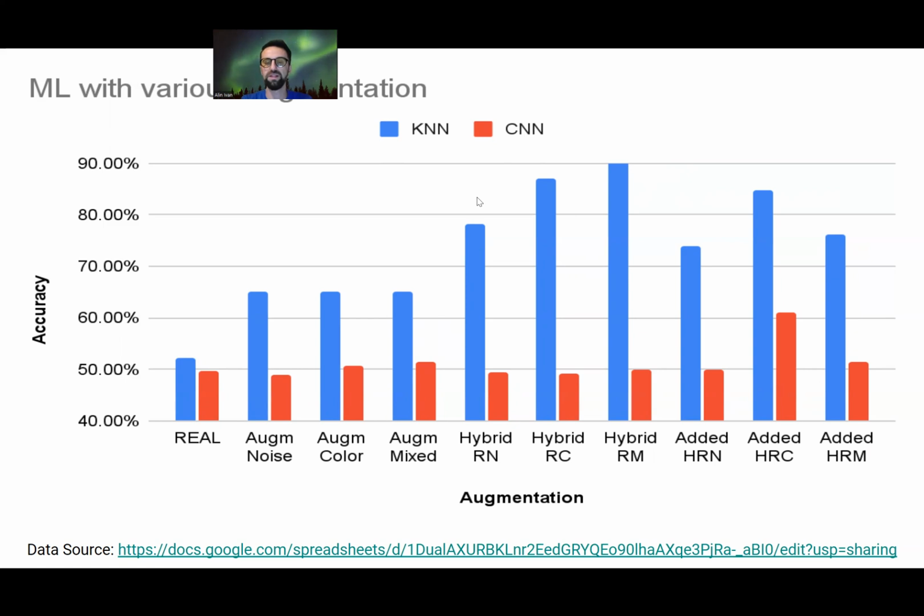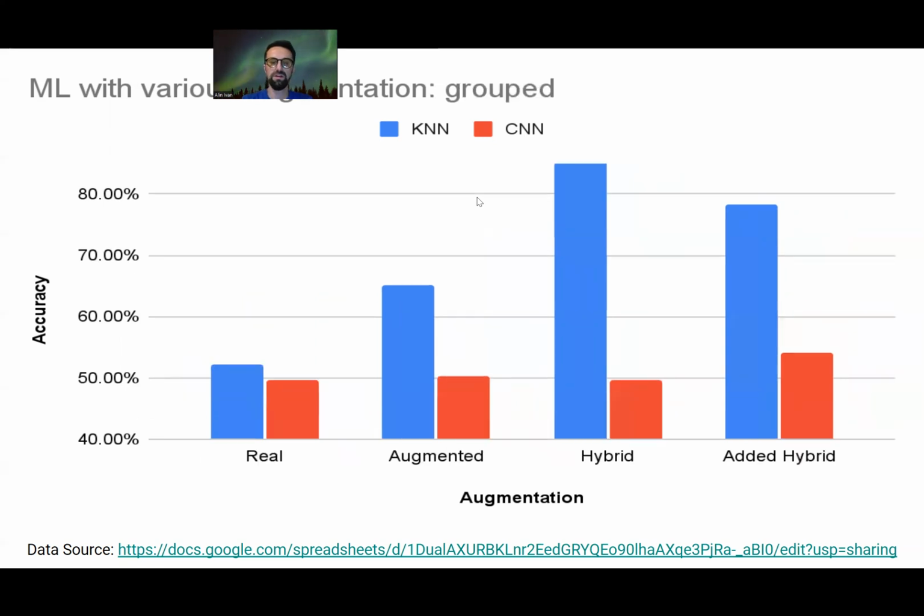I think that would be the next step. Yes. We also got some merged results, in a sense that we got real, augmented, hybrid, and hybrid where the data set is double, like added hybrid. And same here, because it's just consolidated data, we can observe that hybrid 50% plus 50% is the best case scenario for the current research.